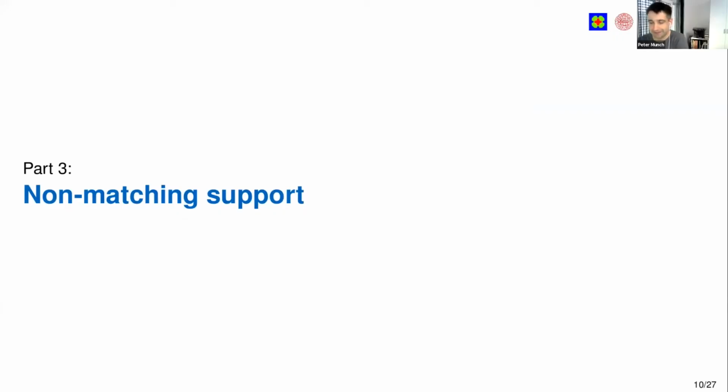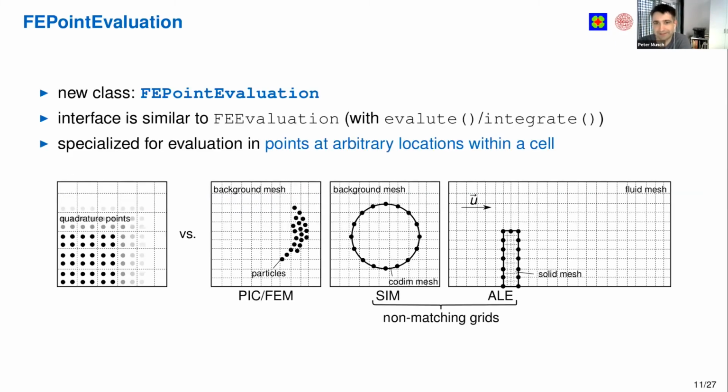Okay, also welcome from my side. So I will continue with the non-matching support in deal.II and its recent advances. Here I would like to point out especially one new class, the FEPointEvaluation class. As the name already suggests, it's kind of similar to the FEEvaluation class in the sense that the interface is quite similar.